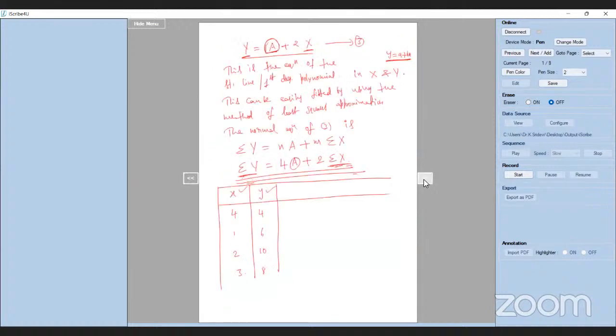Now we have the x values and y values, but we don't know the capital X and capital Y values. Now we have to find them. What is capital X? It's log small x. What is capital Y? Log small y. First, we have to get these values. Capital Y is equal to log small y.